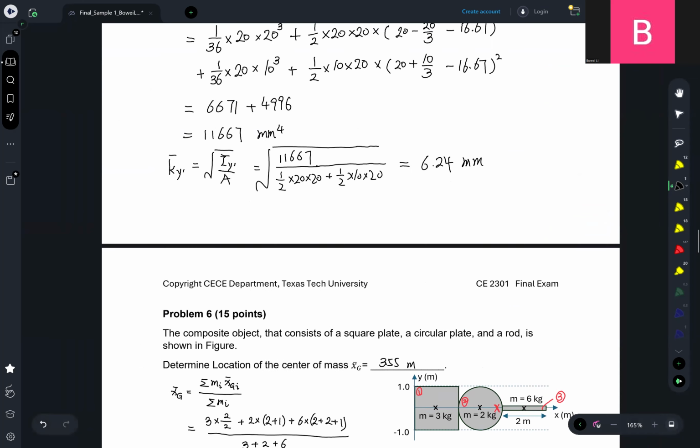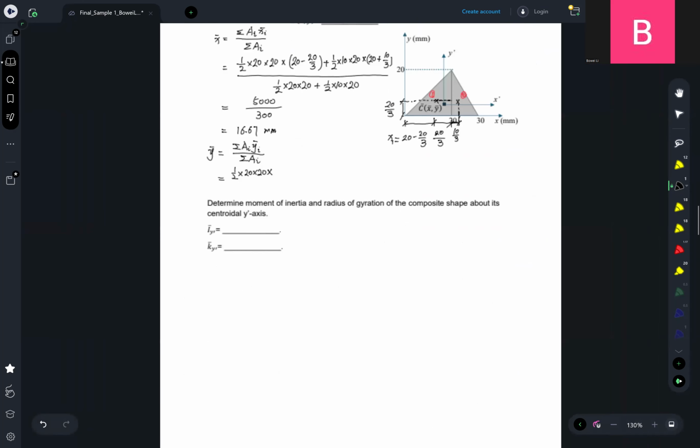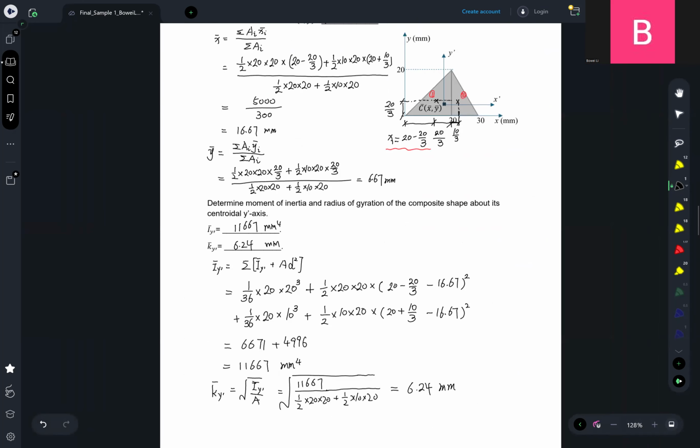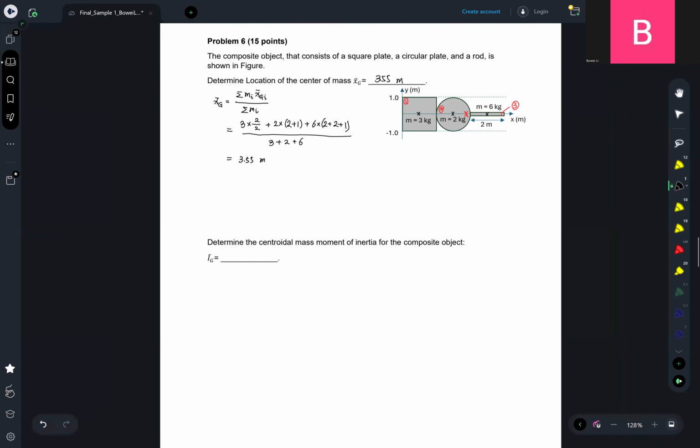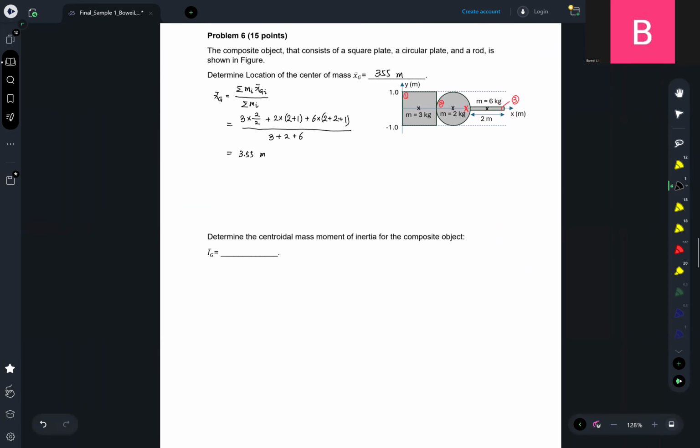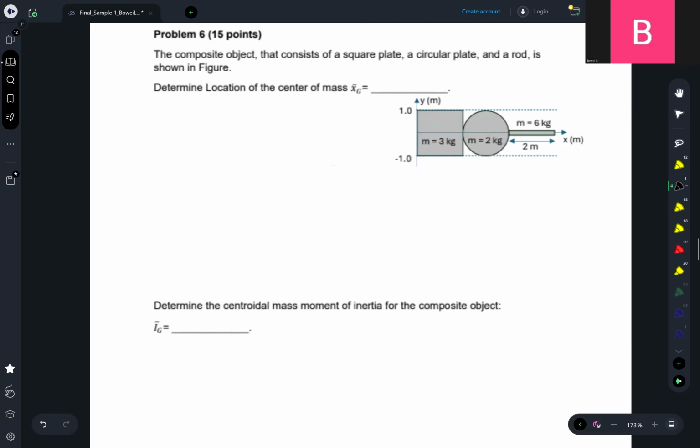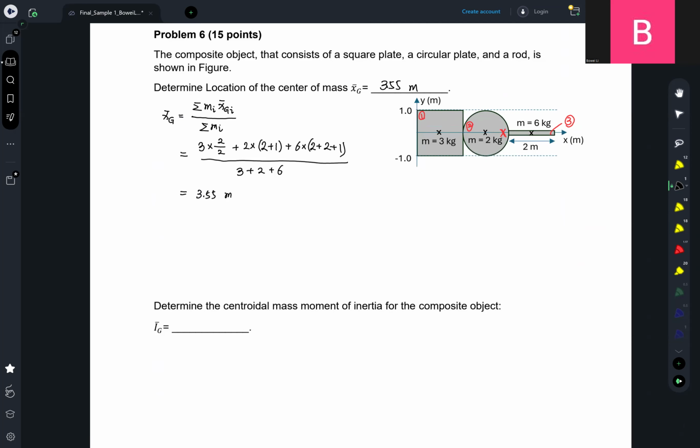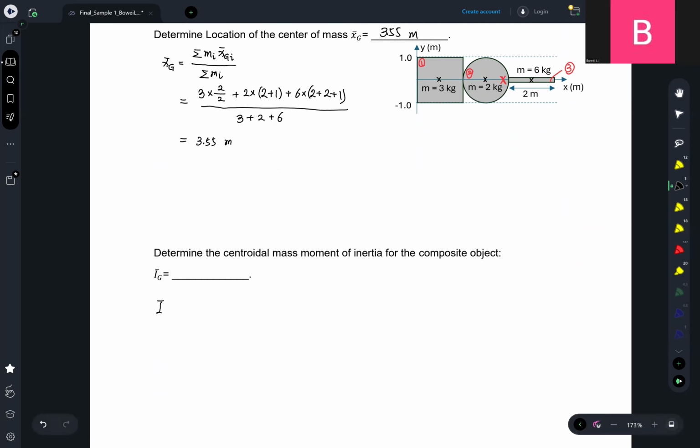So the question requires us to determine the moment of inertia, right? So again, we're going to use the parallel axis theorem, but it is the parallel axis theorem for mass moment of inertia here. So we know that I_G equals the summation of the mass moment of inertia of each part about the axis G, right?